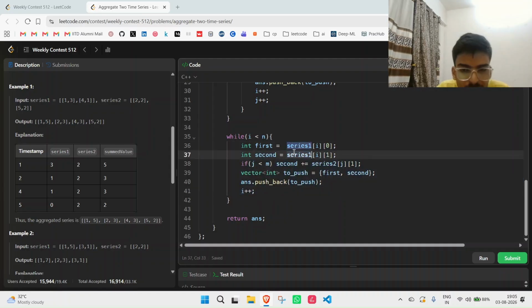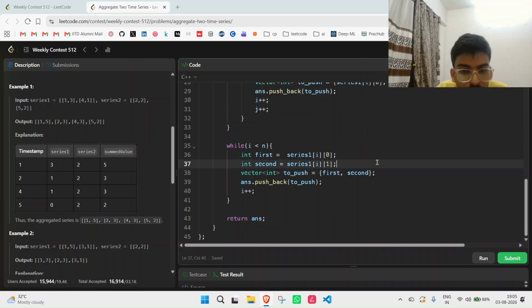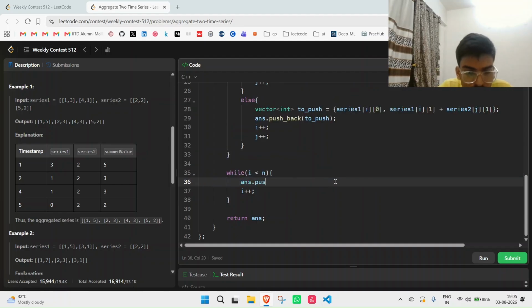So this should be modified to something. First, second, you can keep it like that. It has already been out of bound for j, so we have to move this. Second is just series 1 of i, I have to just push back everything. You don't even need to write this. You can just write answer dot push back series 1 of i.